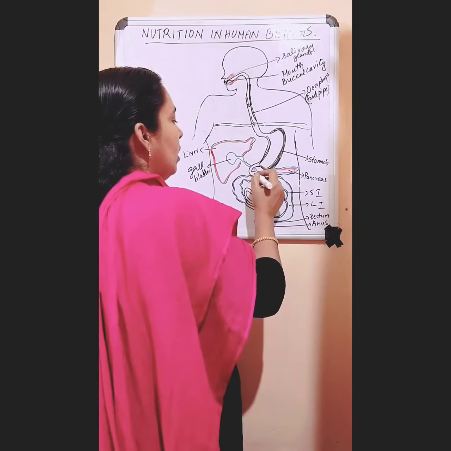So the undigested food material becomes semi-solid, and that moves through the large intestine and is stored in the part called the rectum. And from the rectum it is given out through the opening called the anus as feces or stool. The process of giving out feces through the anus is called egestion, or it is also called defecation.